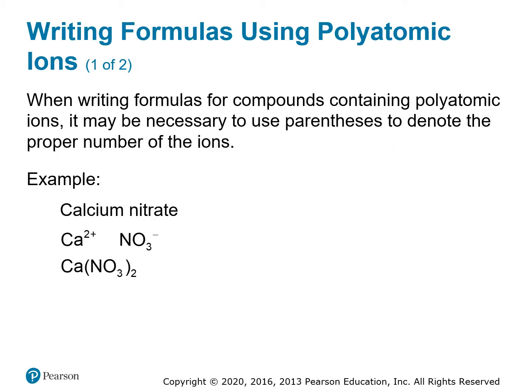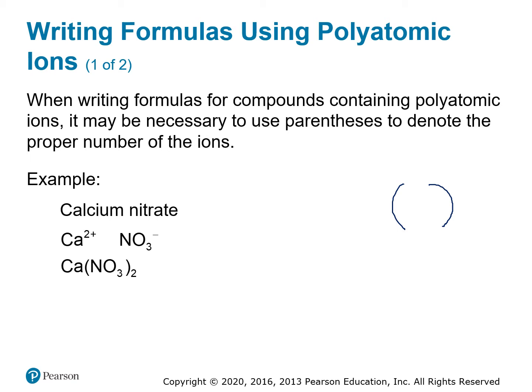So now how would you write formulas using these polyatomic ions? Whenever you're writing formulas which contain polyatomic ions, you make use of parentheses, and you usually put your polyatomic ion inside.